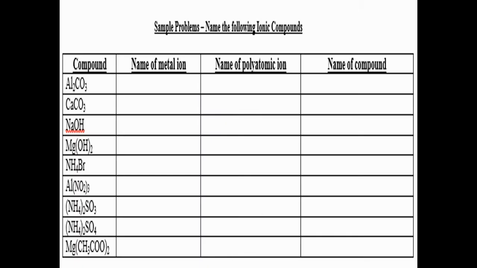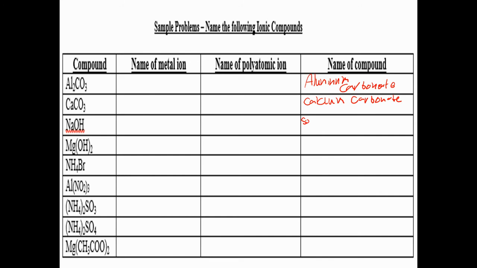So you should be able to try problems out like this and get the correct answer. You can pause the video and try it out and see if you're on the right path with what you're doing. So for this one here, I have aluminum carbonate. For this one here, I have calcium carbonate.